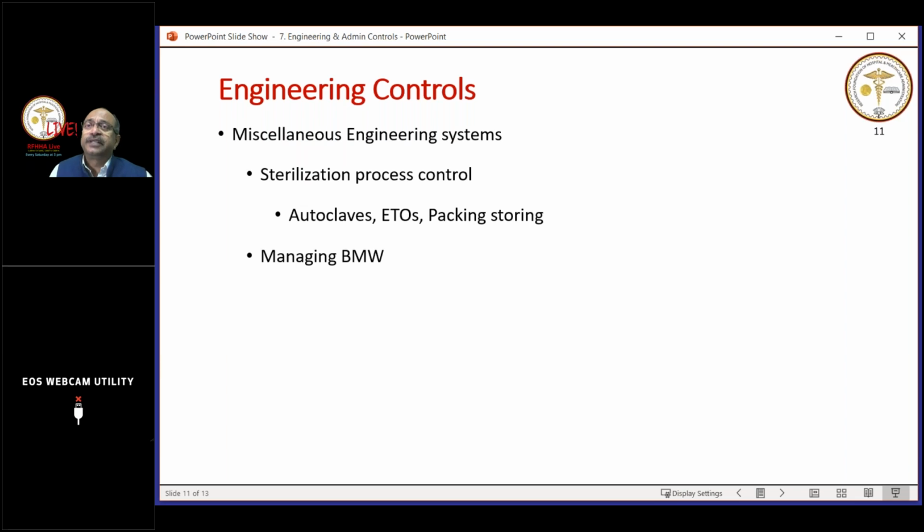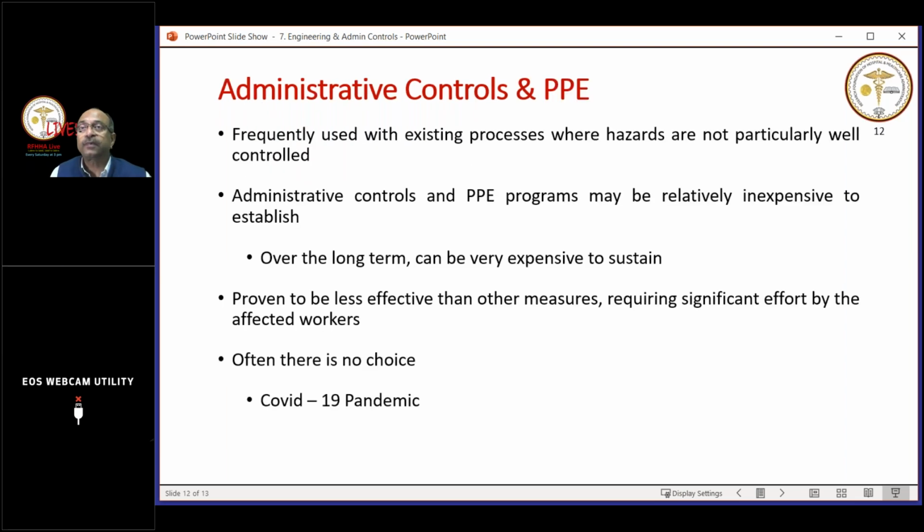Next, another variety is managing the biomedical waste, where we have various methods by which we ensure segregation, enforce transportation, and enforce the treatment of biomedical waste. So these are the examples of engineering controls where they help us in reducing infections or protecting ourselves and the patients from infections.